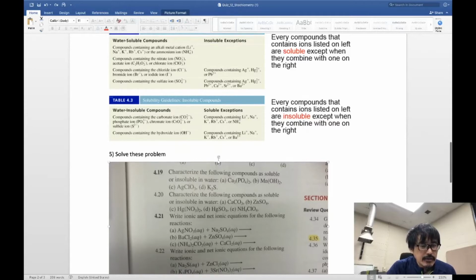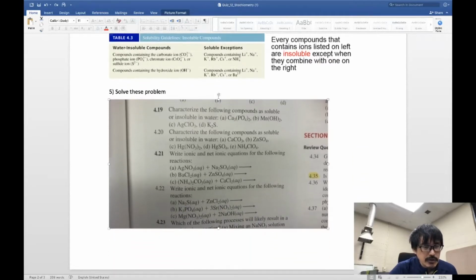Alright, then let's do question number 421, part A. We are supposed to write out the equation for net and just ionic equations, right? AgNO3 AQ plus Na2SO4.